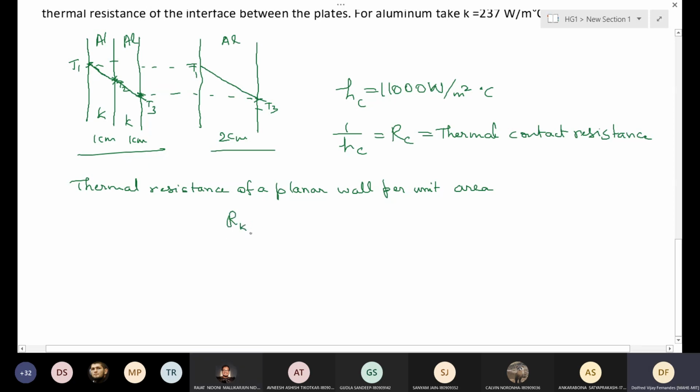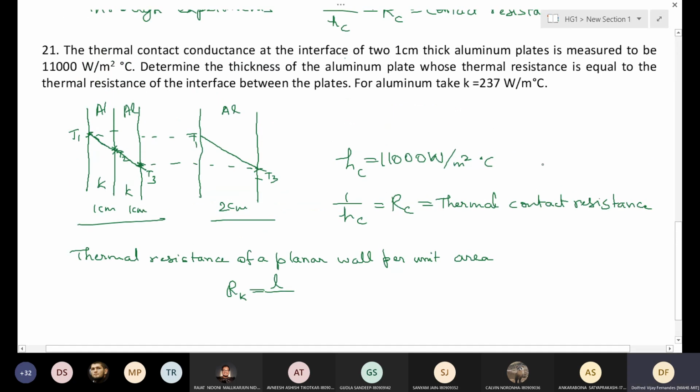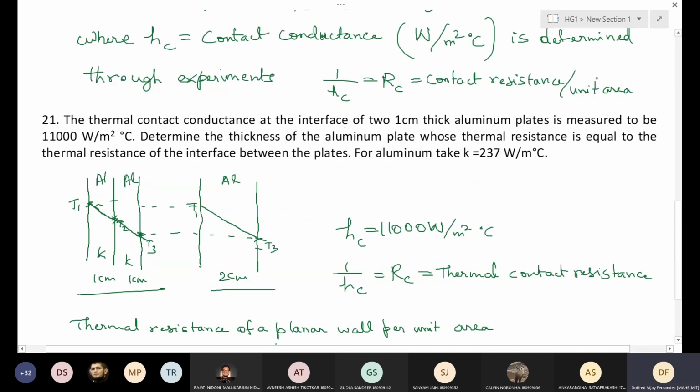R_k is L by k. Per unit area means you are dividing by area, right? So the area we are considering here is 1 meter square.